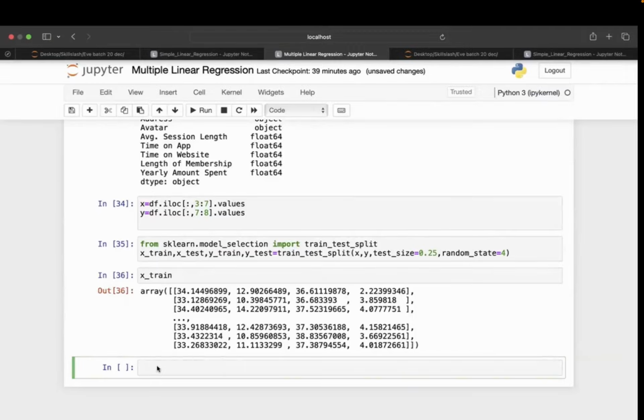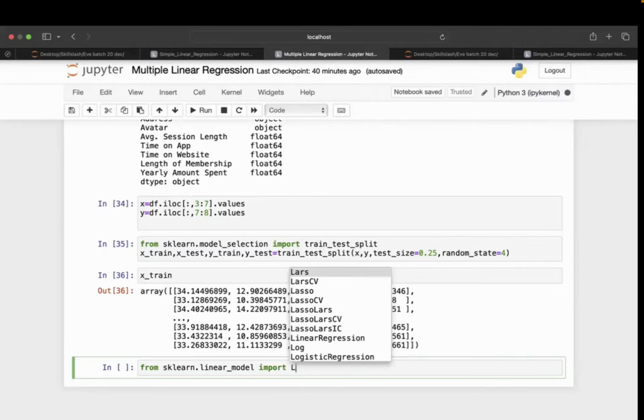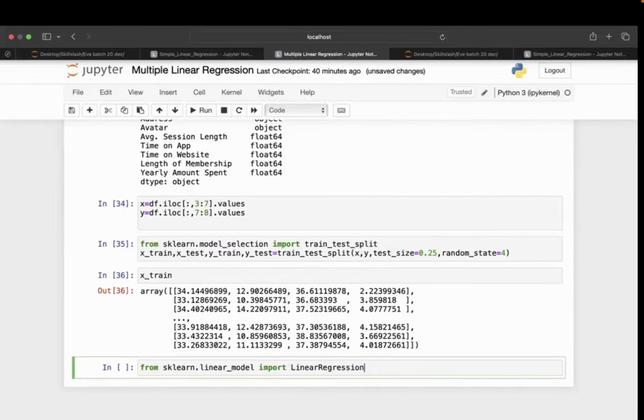So simply I'm going to write from sklearn dot linear model import linear regression.